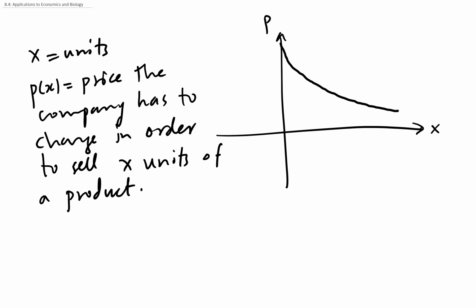So the more the x, the lower the curve. So this tells us that the demand function is decreasing. So this curve represents the demand function. It's going to be a decreasing function.